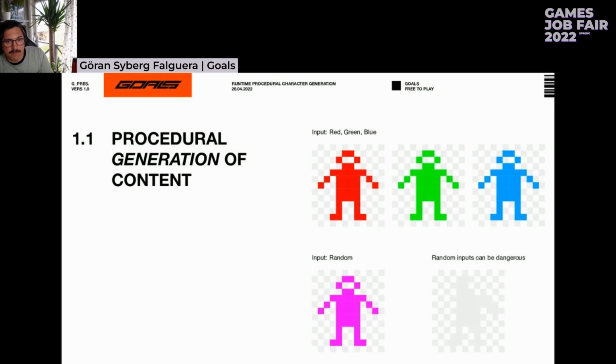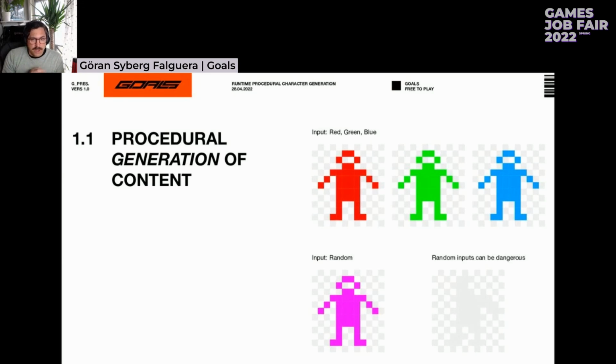If we then move on to generation of content, the word generate implies that we have some kind of automated process to do a lot of stuff, a lot of similar stuff. And now, as I said, we can vary x and y, but we can also pass some kind of list into the algorithm. Let's say it's a list of colors, red, green, and blue. You can imagine large sets of these lists in Excel sheets or other databases, so that we know exactly what comes out of the procedural algorithm.